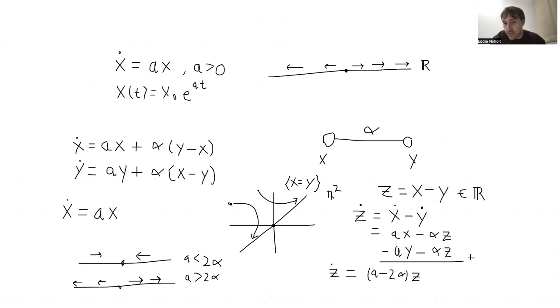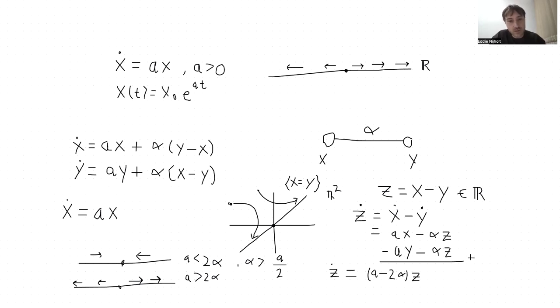So what do we learn from this? Recall here, I just said I can rephrase this as alpha being bigger than A over 2 or alpha being smaller than A over 2. So if I couple the two systems together, like I did in this very easy linear system, then if my coupling strength is zero, absolutely nothing happens. If my coupling strength is too small, so if it's smaller than A over 2, still not a lot will change, right?